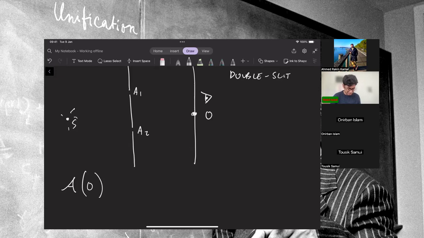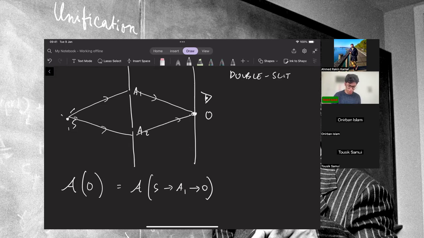So for example, the particle could go like this, and then like this through this hole, all right? And that has some amplitude, which I'm going to write like this: A(S goes to A1, goes to O). Okay. There's another amplitude. The particle could go like this, in which case we then find A(S goes to A2, goes to O).